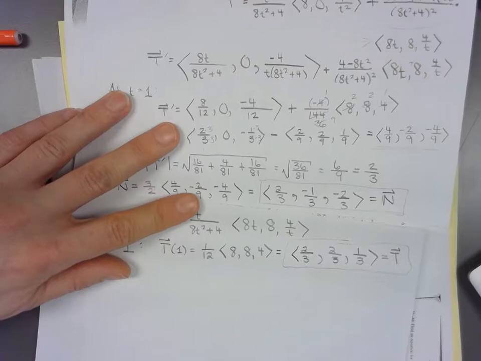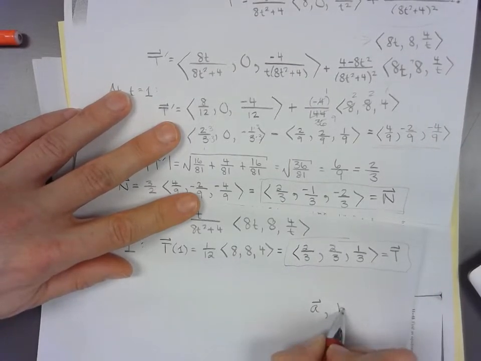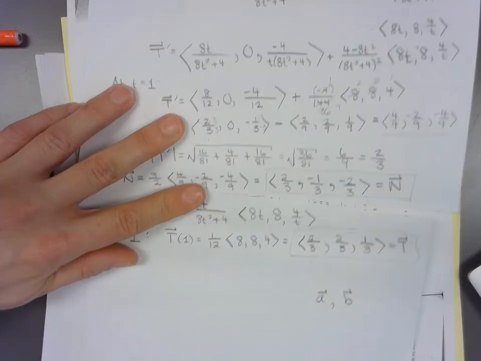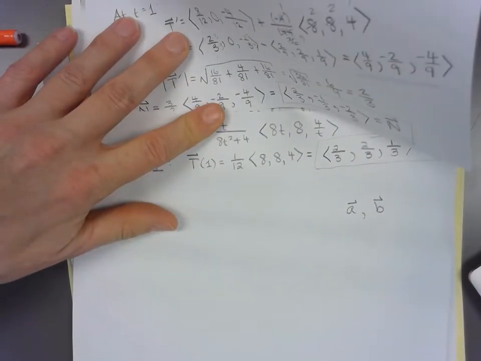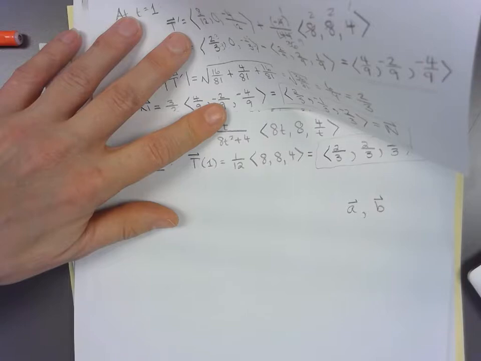Well, once you have two vectors, how do you find a vector that's perpendicular to both of them? I have a vector A, I have a vector B. I want you to give me a vector that is perpendicular to both A and B. How are you going to do that? Some kind of formula. I'll take the cross product.